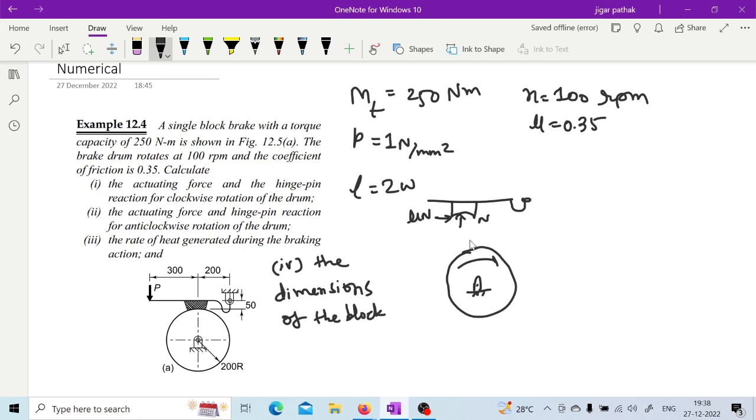Similarly here also you will have this normal force and frictional force, right?